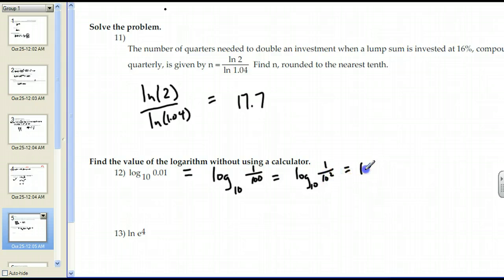So once again, this looks very similar to what we just saw earlier. Take that 10 squared in the denominator, bring it up, and change the exponent to a negative, and now we've got the same base here and here, so our answer is just that exponent.